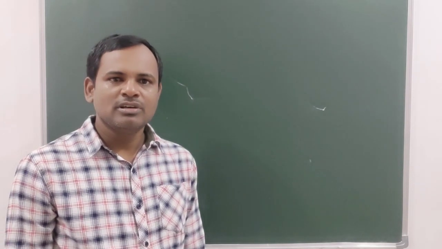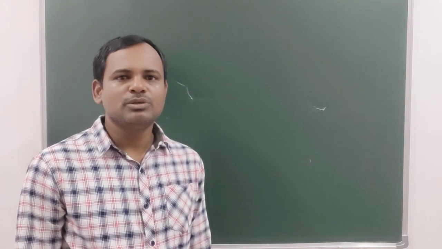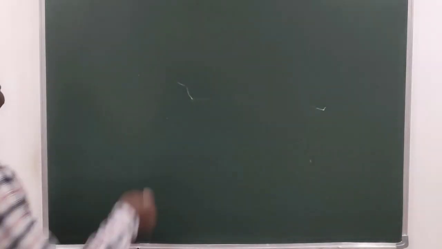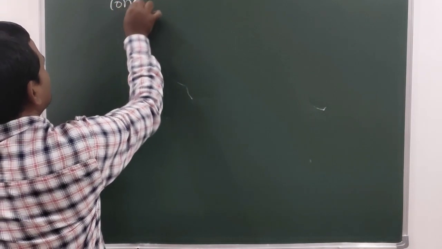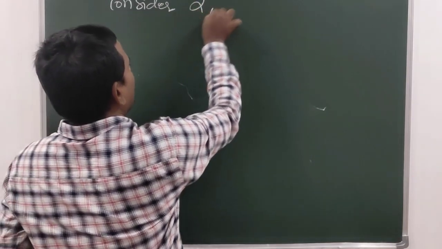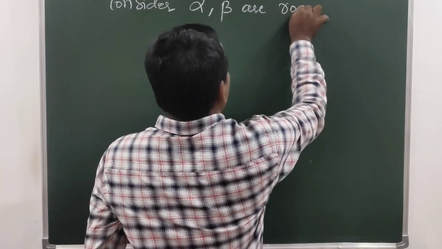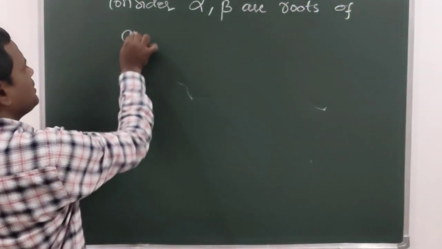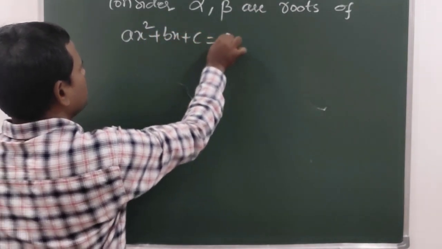Now I will explain the sum of the roots of a quadratic equation with positive integral powers. Consider alpha, beta as the roots of a quadratic equation ax square plus bx plus c equal to 0.